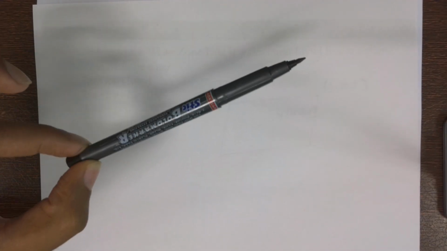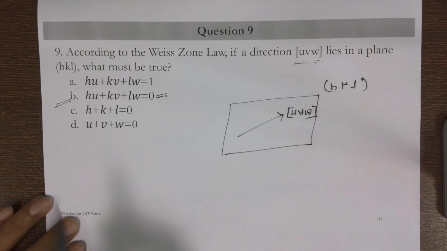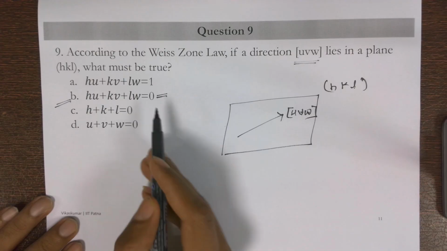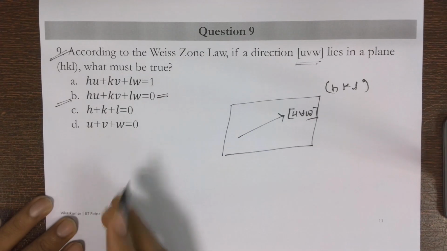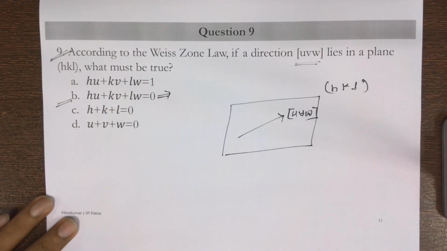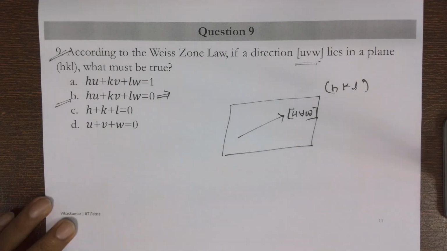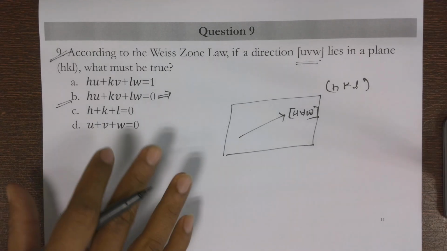Either it should lie on the plane, or it should be parallel to the plane. In both cases, this particular condition is going to be satisfied. Okay, so HU plus KV plus LW equals 0, this is the Weiss zone law, and we are going to use it to solve a couple of numericals. Okay, let's try to solve question number 10.